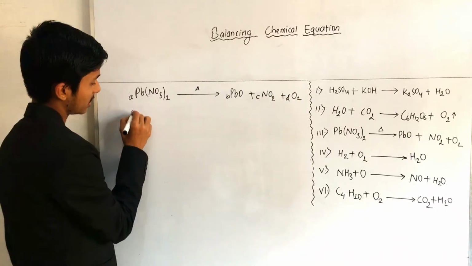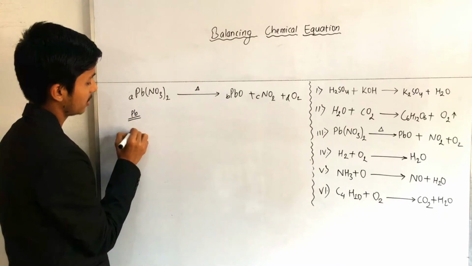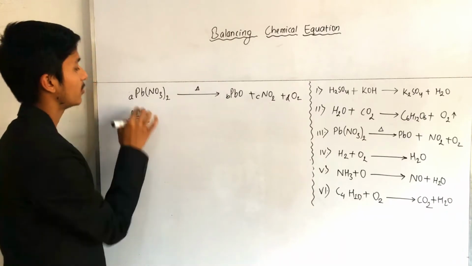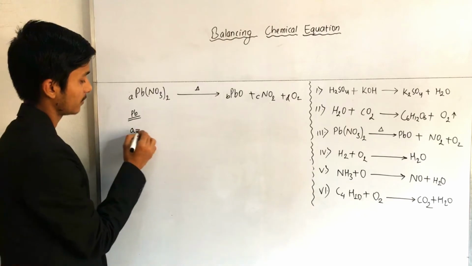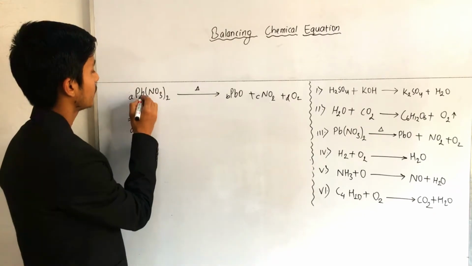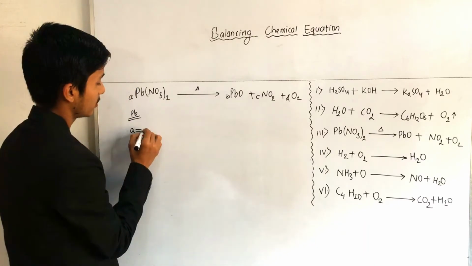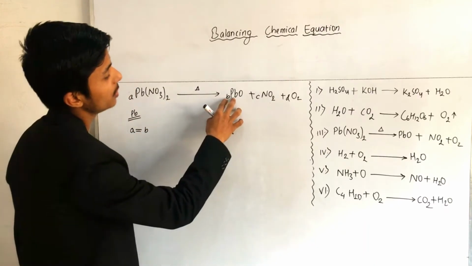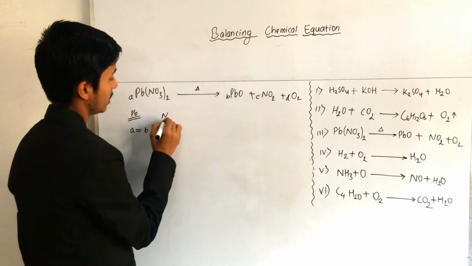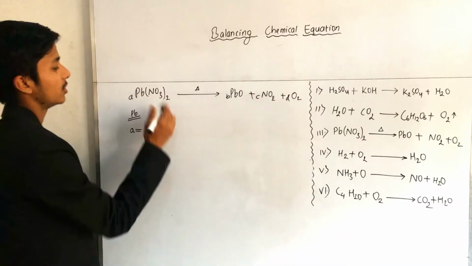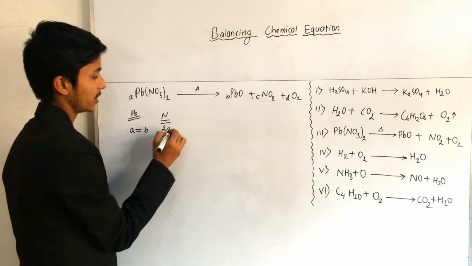We see the reactant side, the number of Pb, lead. A is equal to how many? A lead is here, A Pb. Now we see in the product side we have B. A is equal to B number of this Pb, and here we write N. This side N is equal to 2 into N, A, 2A.